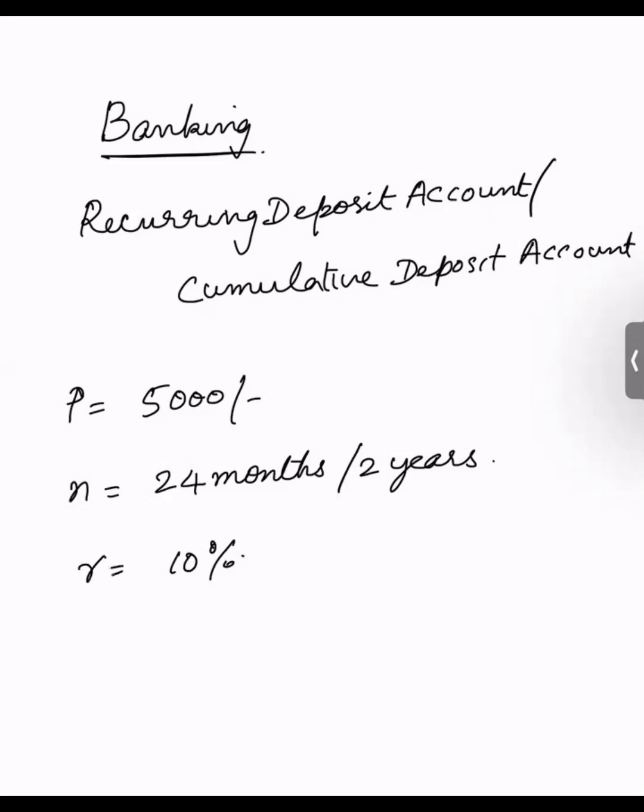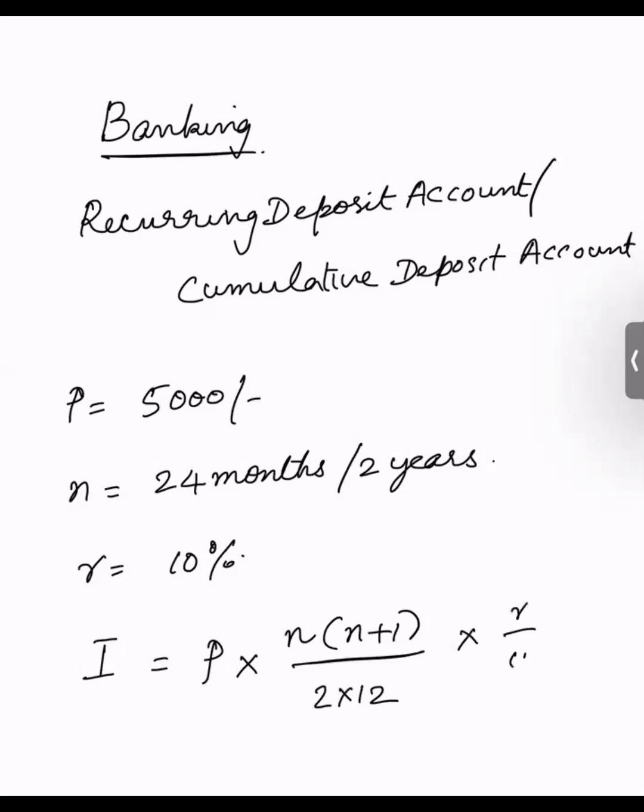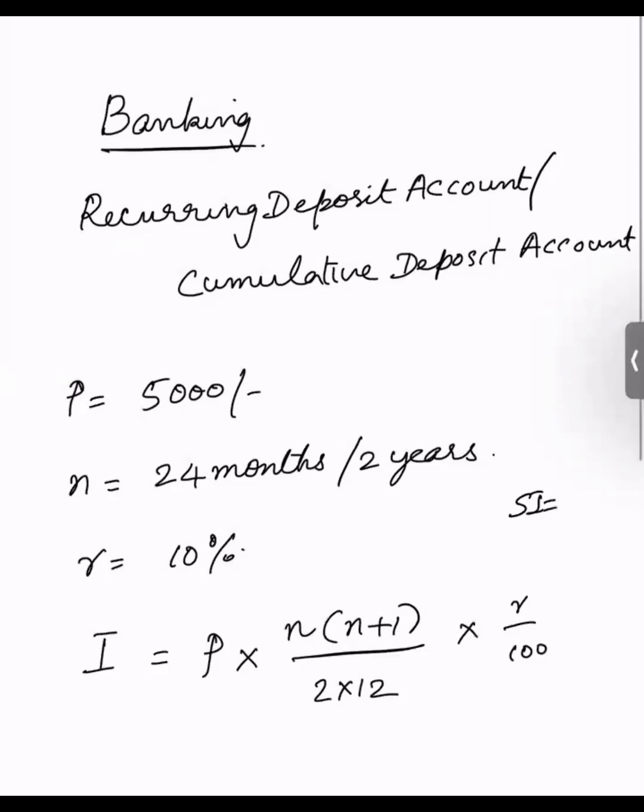Okay. Now the formula to calculate interest is principal into n into n plus 1, divided by 2 into 12, into R by 100. Okay, so you have learned simple interest. Simple interest, what was the formula? PNR by 100.